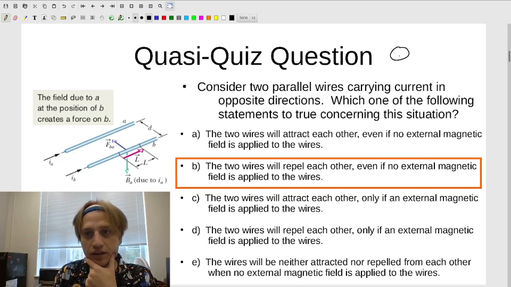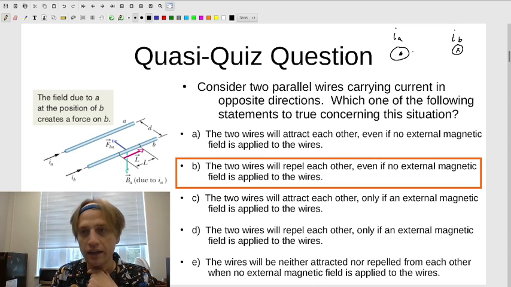And the idea behind that, here's our IA and IB running into and out of the page. IA would be running out of the page, IB would be running into the page. IA would have a magnetic field that would act on IB.